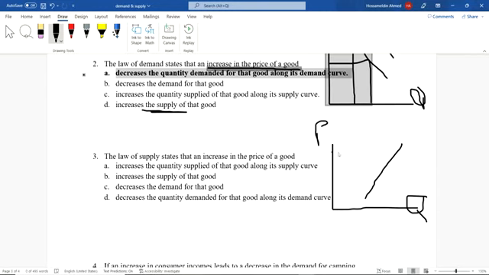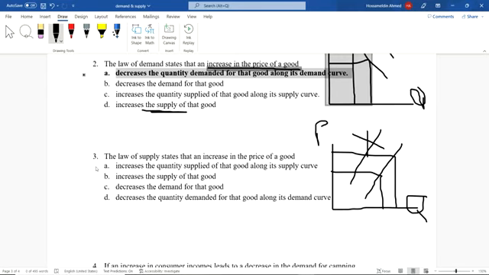Changing prices would affect what? The whole supply curve or quantity supplied? Only quantity supplied is affected by changes in the price of the good. So answer number A, increases the quantity supplied of that good along its supply curve, is right.